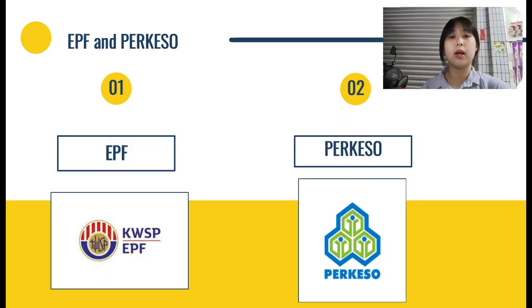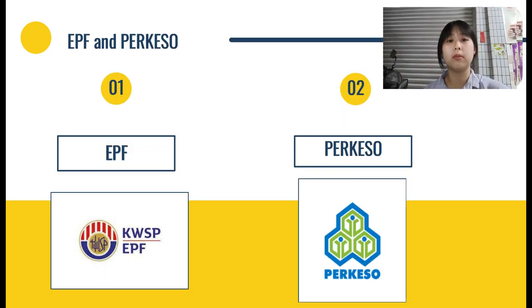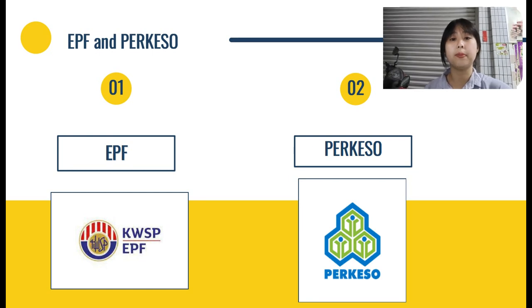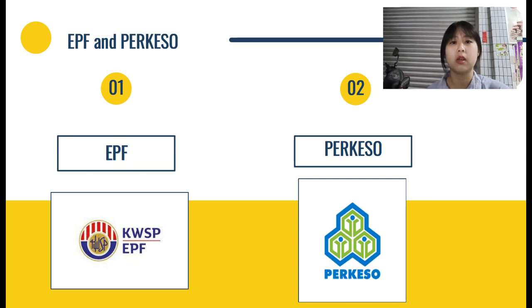At the end of every month, the supervisor will give me a mission, which is to make the payment of EPF and SOCSO for each employee. The Employees Provident Fund (EPF) is a federal statutory body under the purview of the Ministry of Finance. It manages the compulsory savings plan and retirement for private sector workers in Malaysia.